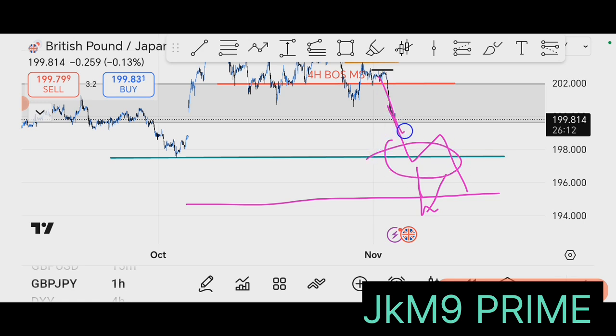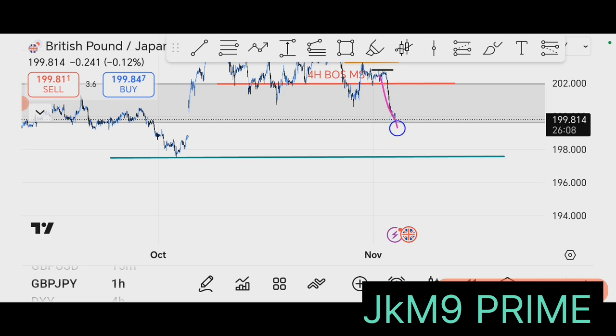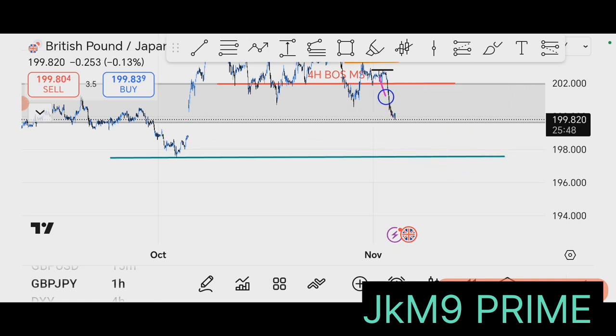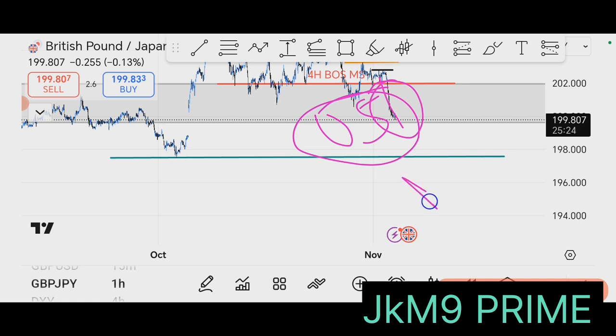Maybe price comes here to take rejection, covers this gap, then shows some upward movement, then comes down again, takes support from here, shows some rejection, then goes up. That is one scenario. Then another scenario: maybe sellers push very high. And one more thing, the Japanese market also has some economic lag. And the US dollar is also very strengthened because of the delayed data releases and uncertainties.